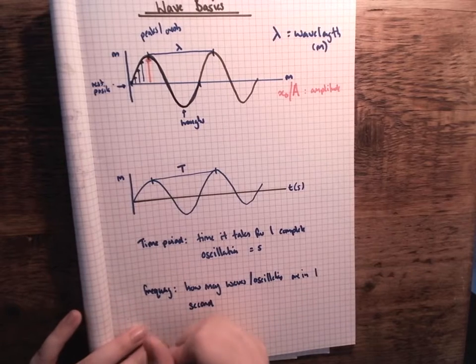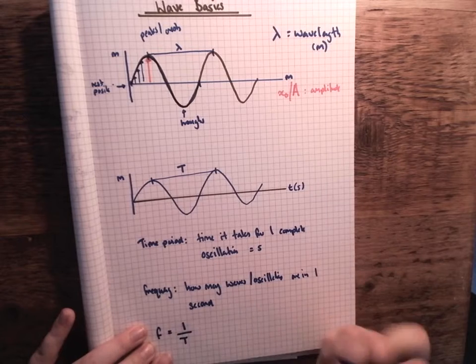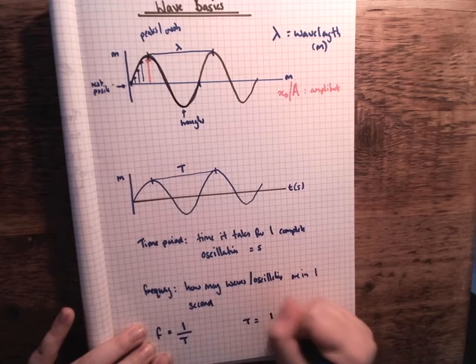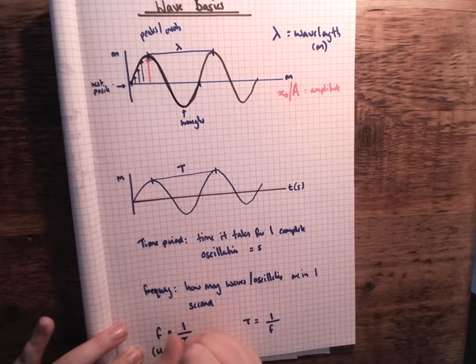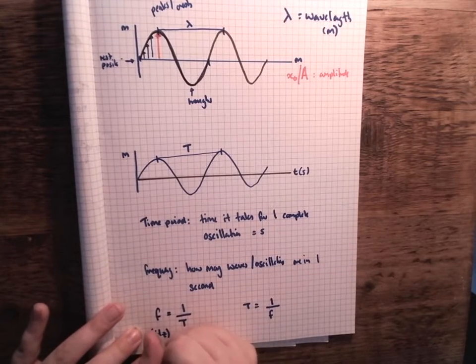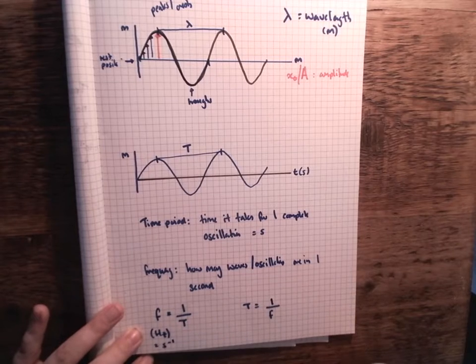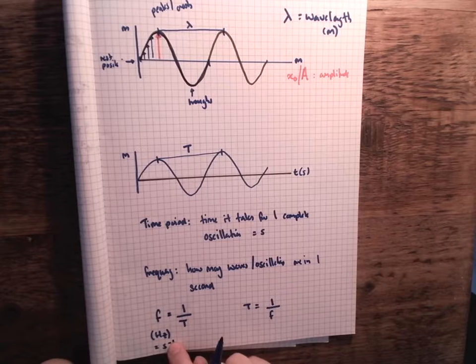This is given by the relationship f is equal to 1 over the time period, and time period therefore is equal to 1 over frequency. Frequency is measured in hertz. Because hertz is 1 over the time period, we also say that hertz is equal to seconds to the -1. So that's kind of it within its SI units there.